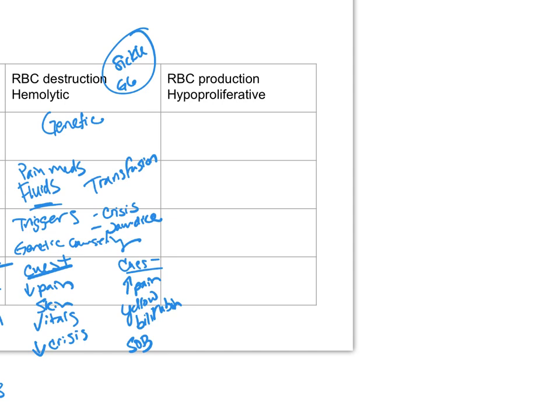Hypoproliferative. This is my bone marrow, right? And we'll just do the highlight reel as we go through this one. What's the cause? Chemical. Some sort of damage to marrow.